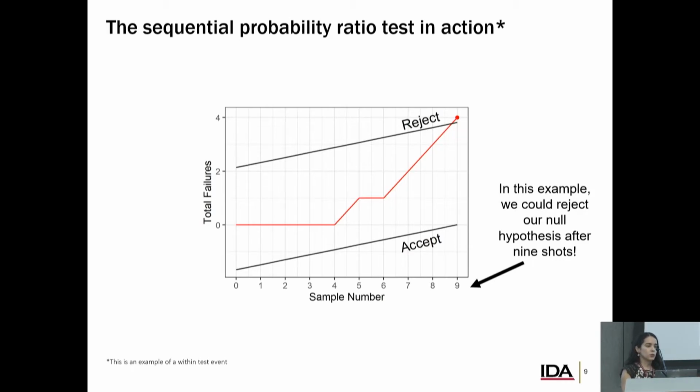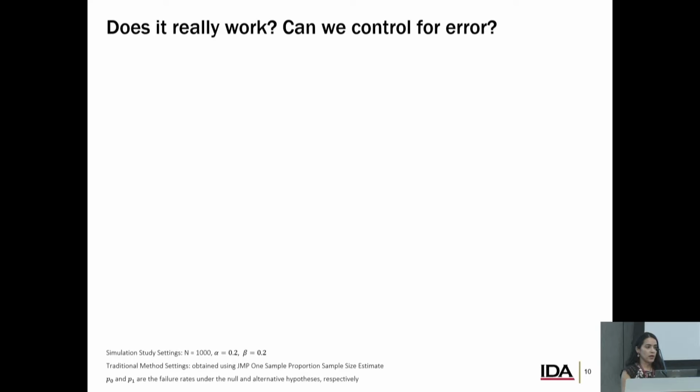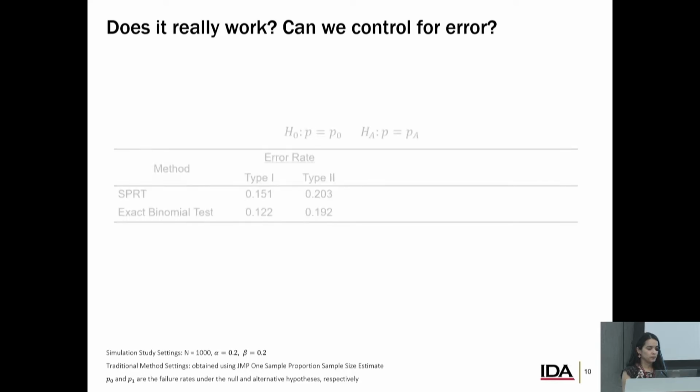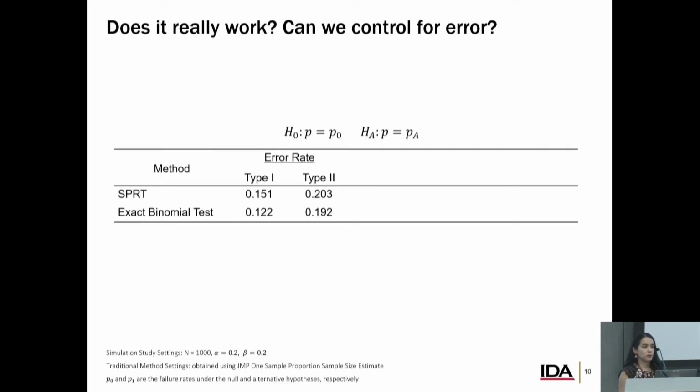This is with just one test, just certain conditions. What happens if I run this test many times, right? So I'm going to have a simulation study. Does it really work? Can I actually do this and control for error? So we have our 2 types of error.